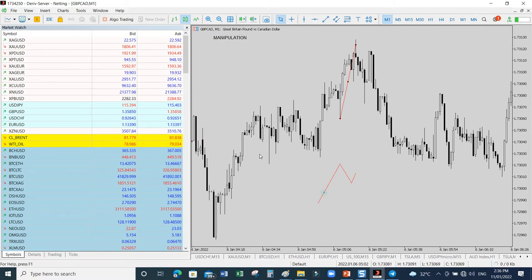This is the impulse, then followed by a pullback, a correction to the impulse. Sorry, this is manipulation.